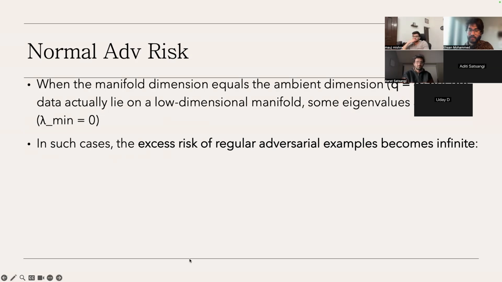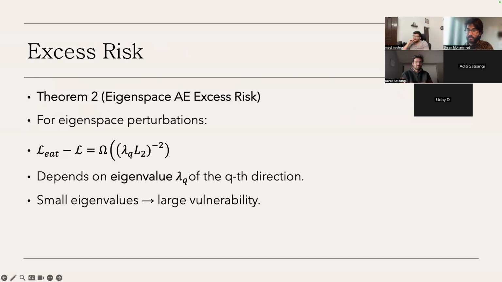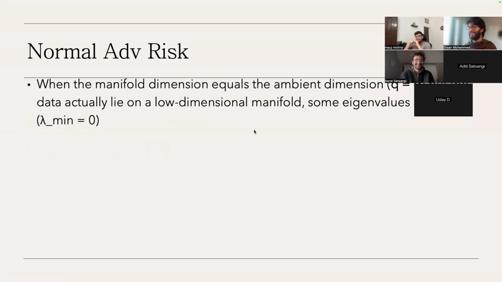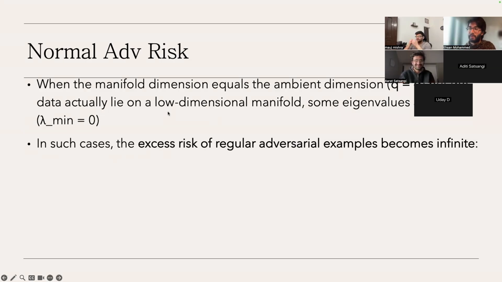And if you go to the previous slide, you know that 1 over 0 is undefined, but based on the calculations and approximations that they made, they say that in such cases the excess risk resulting from this assumption of a regular adversarial example will become infinity. So LADV minus L equals 1 over 0, which is infinity.